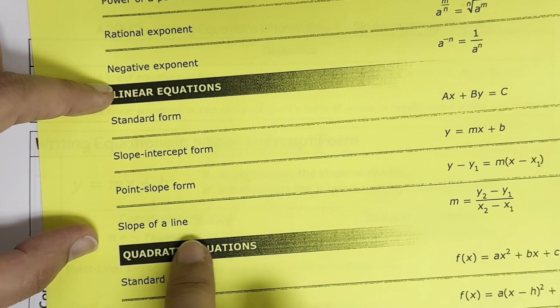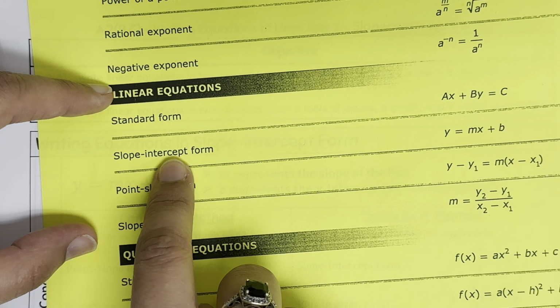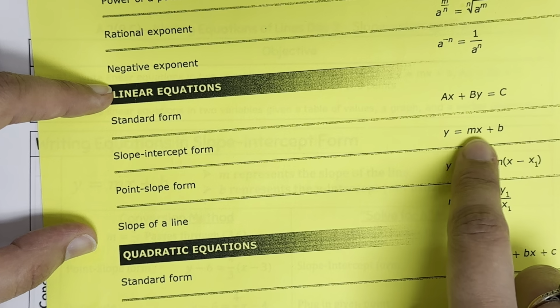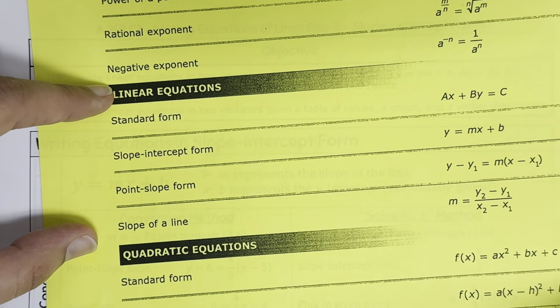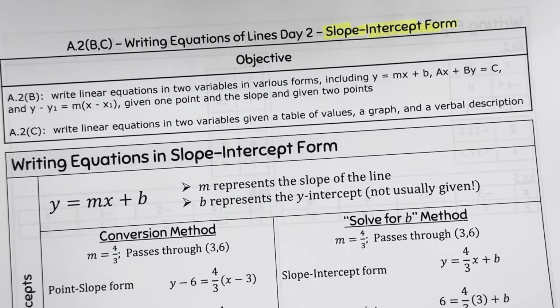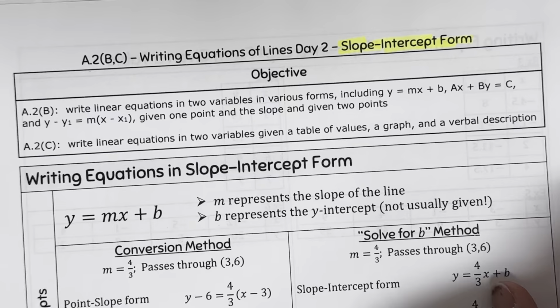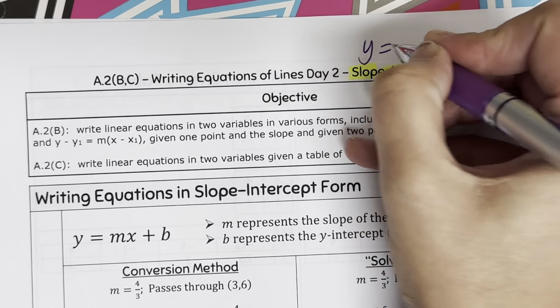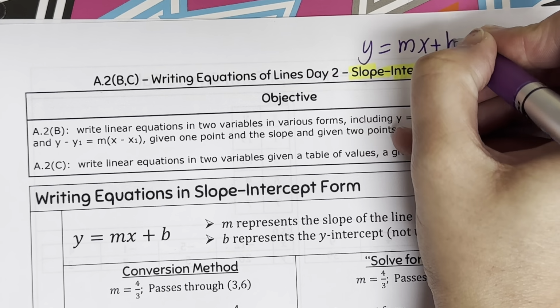Under the linear equations, I have slope-intercept form, which is given as y equals mx plus b.